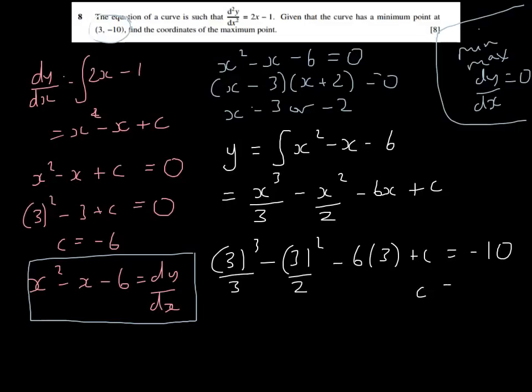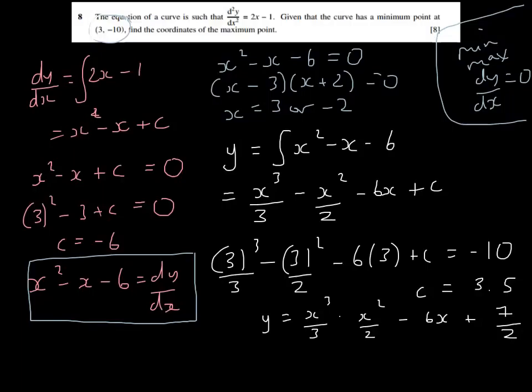If I rearrange that and solve, I get c is 3.5, or 7 over 2 if you're playing with fractions. So my whole equation for y is x cubed over 3 minus x squared over 2 minus 6x plus, I'm going to write it as a fraction, 7 over 2.